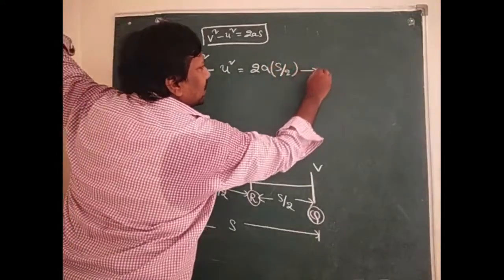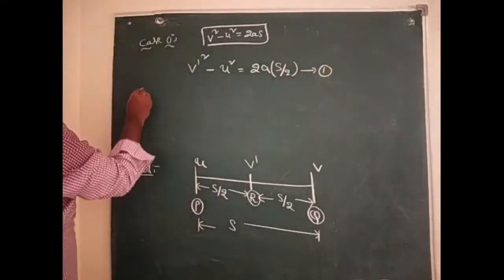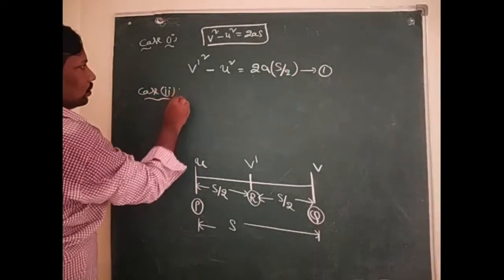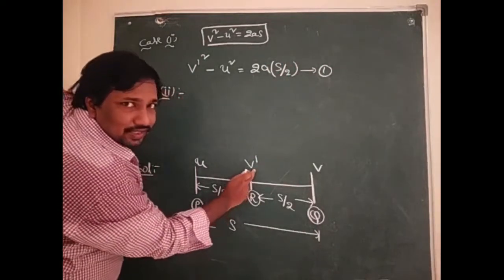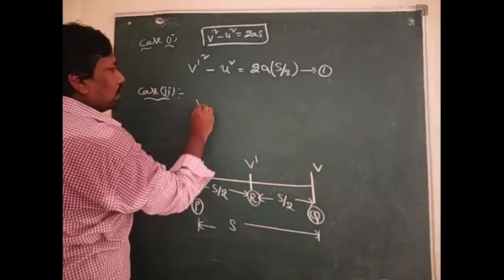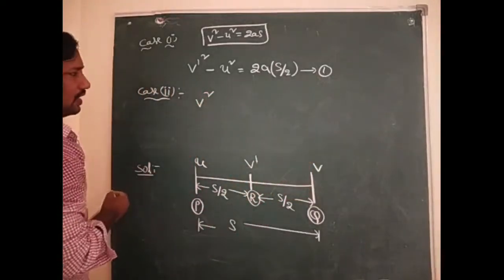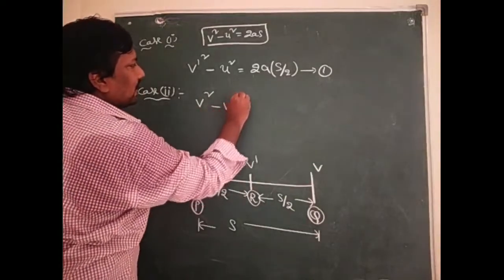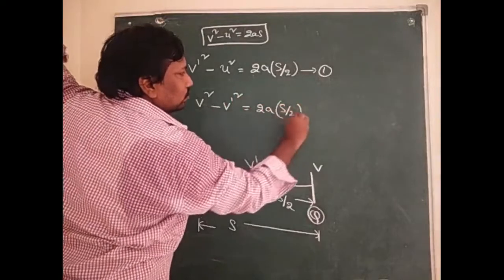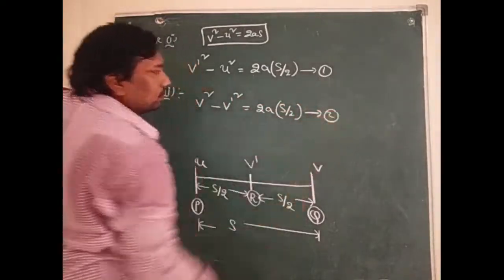So this is equation number 1. Now case 2. In case 2, initial velocity is v dash, final velocity is v. Therefore v square minus v dash square equal to 2a into s by 2. This is equation number 2.